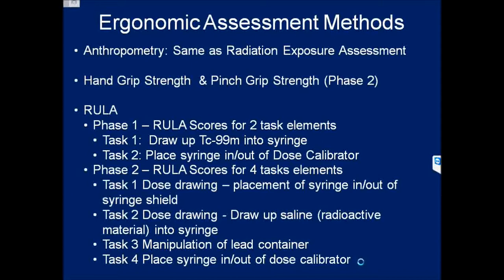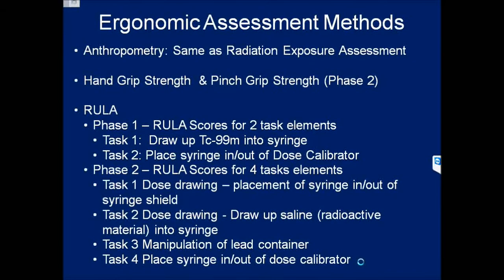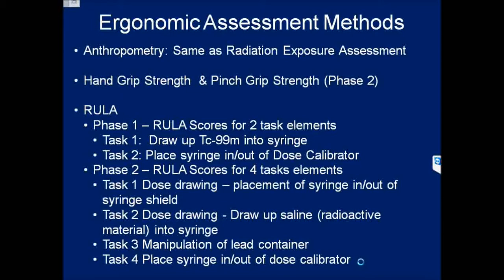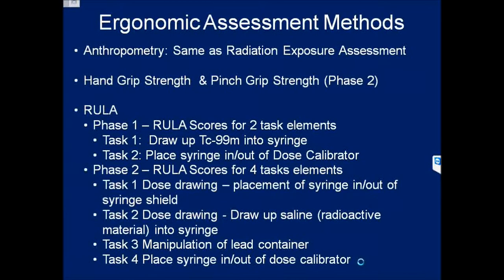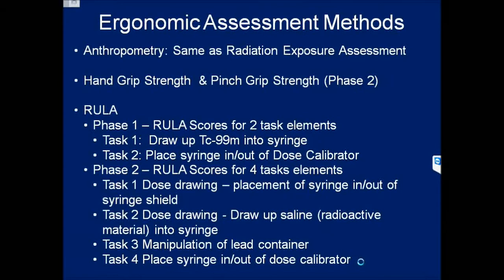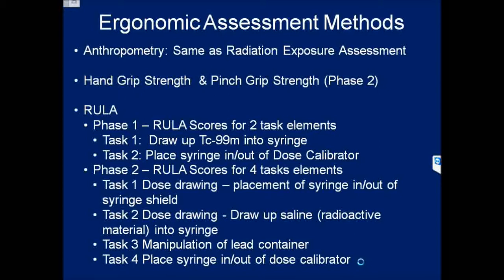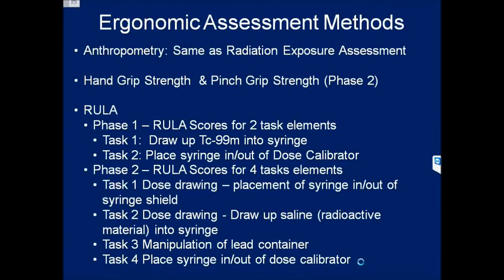And then also part of my ergonomics was I used a tool called RULA, which is Rapid Upper Limb Assessment. And I will talk further about that in just a little bit. It's a very easy method that has been used before in this class for projects as a way of assessing ergonomics.